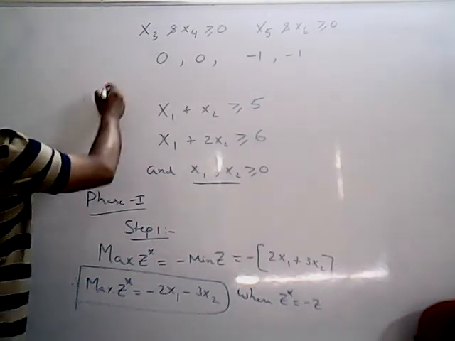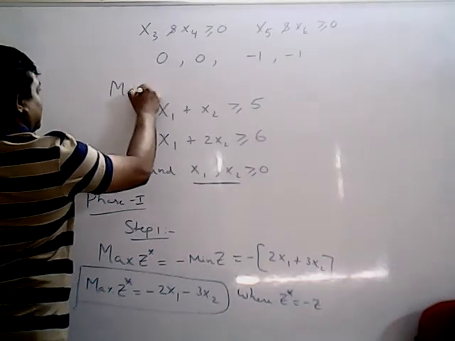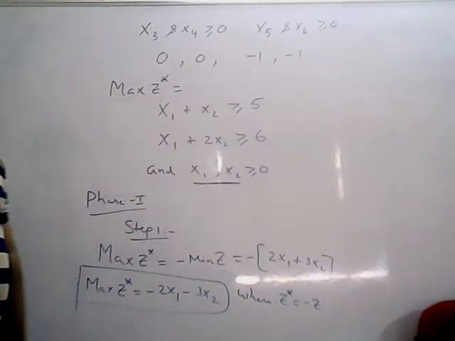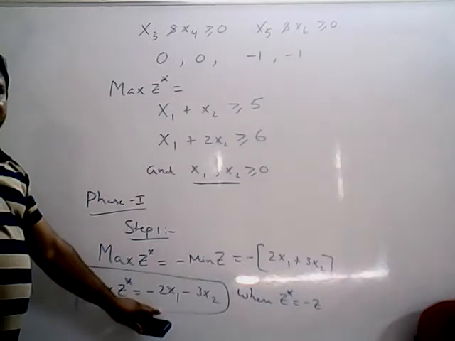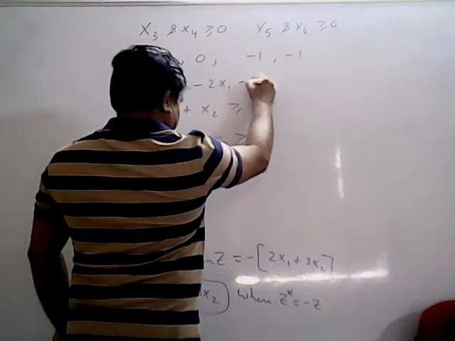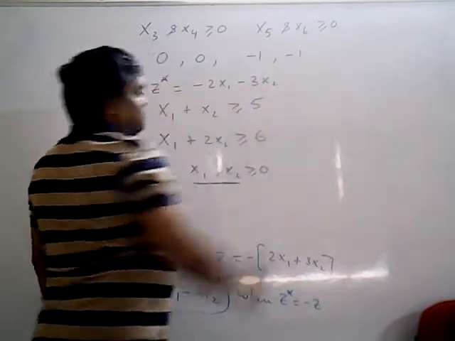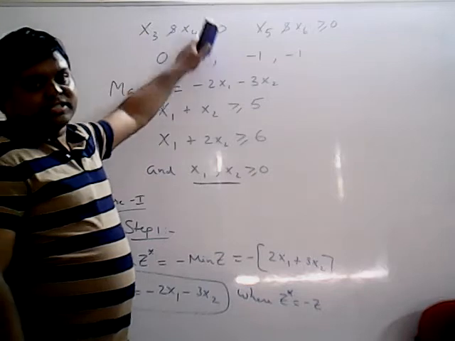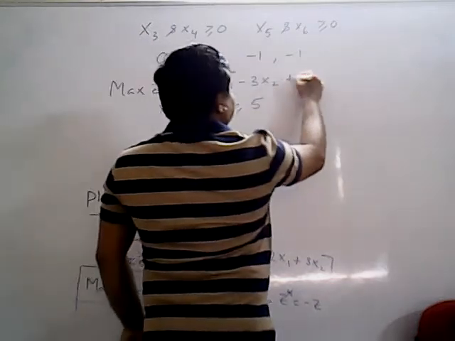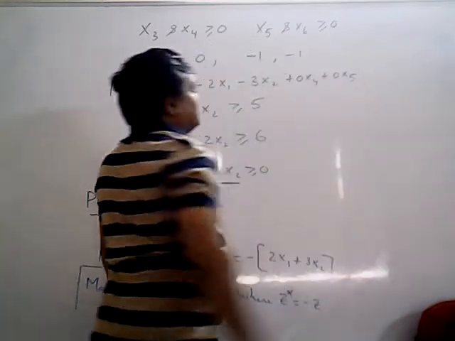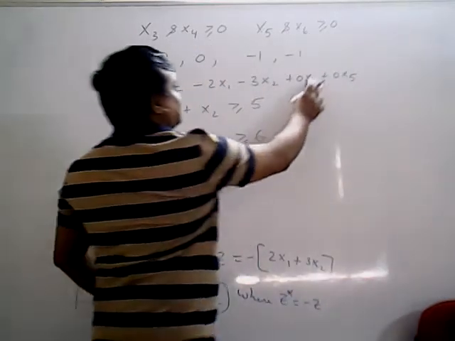Then we get maximum z star equal to, what is the objective function? -2x1 minus 3x2. Next, surplus variable's cost is 0, so 0x3, 0x4.